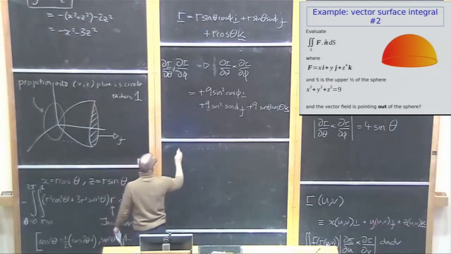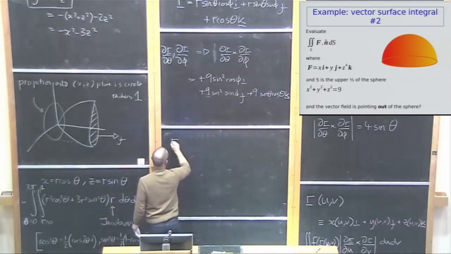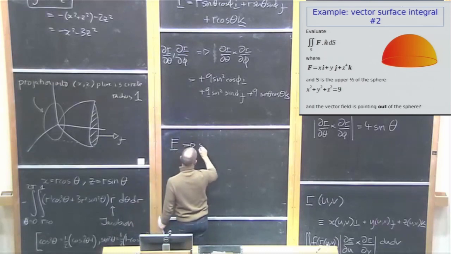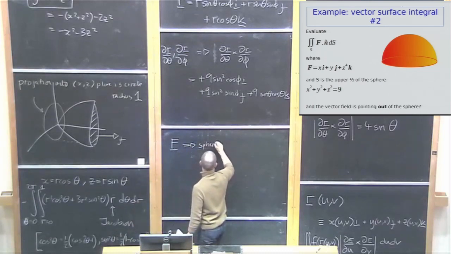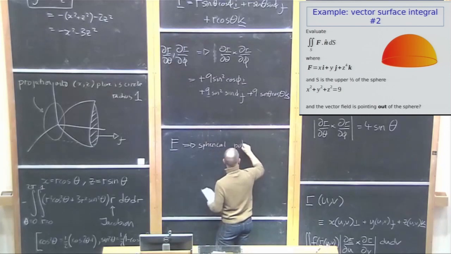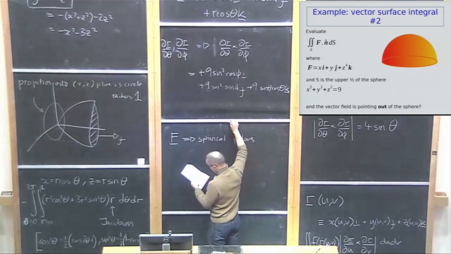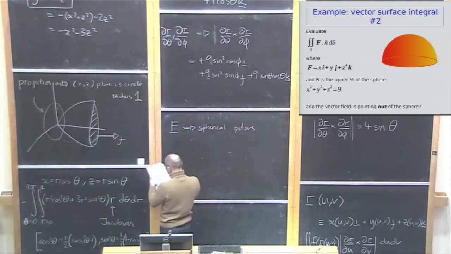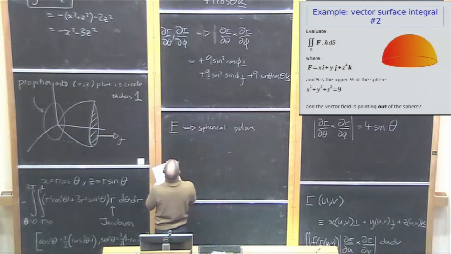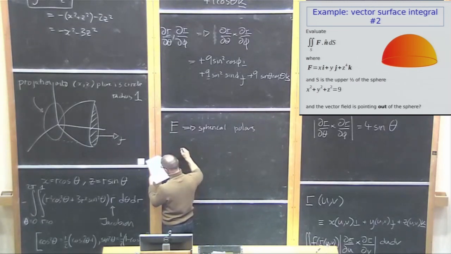What we do then, the final steps, are we take F and convert it to spherical polars, and we end up with an integral which looks like this. It's in the notes.